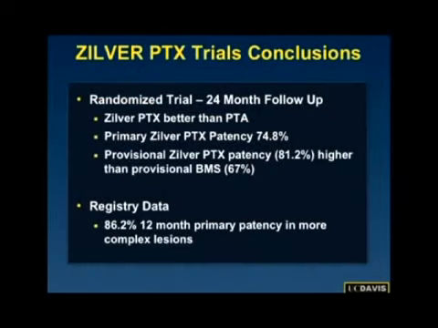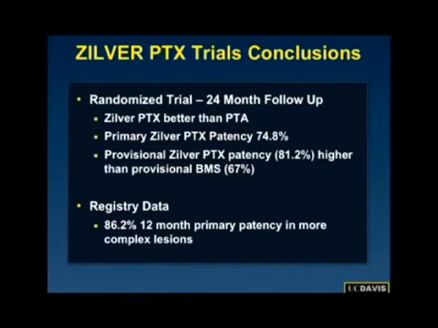So the conclusions that I draw, and we can certainly discuss this, from the Zilver PTX randomized trial, is that Zilver PTX is certainly better than PTA, not a big surprise. The primary Zilver PTX patency rate's about 75%. And the provisional Zilver PTX patency rate is higher than provisional bare metal stenting.